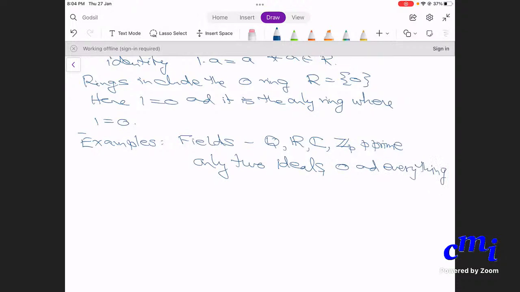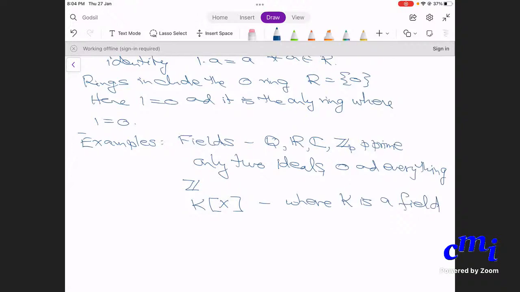Then moving forward, the next slightly more complicated example is something like Z, the ring of integers. This is a very fundamental example in rings. Or you have something like K[x], the polynomial ring in one variable, where K is a field. But why should we restrict ourselves to polynomial rings in one variable?